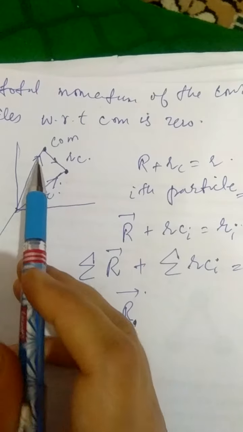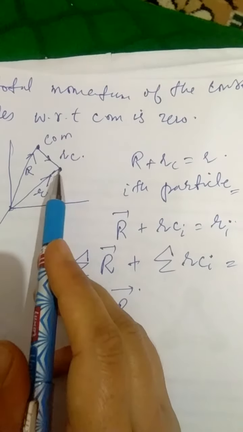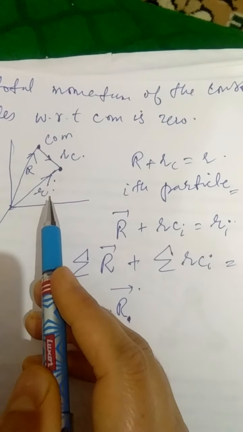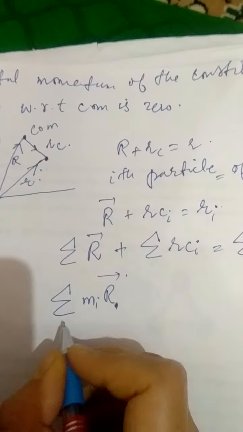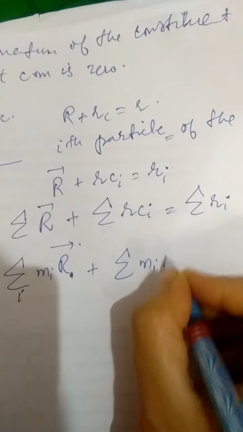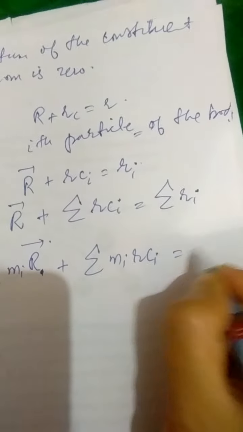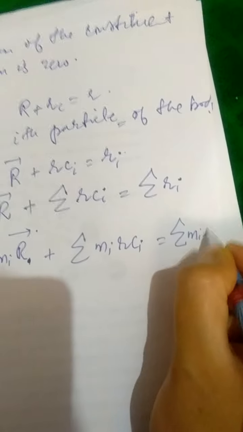R is R everywhere because it is defined only for a single point, and that point is the center of mass. Summing over the particles of the rigid body, we get summation mi R plus summation mi rci is equal to summation mi ri.